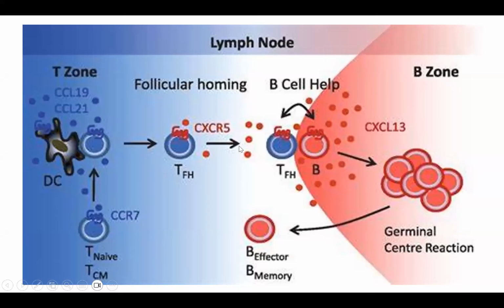And then it's saying, oh, I am sensing something, I need to tell the B cells to get ready to create antibodies. But in AIDS-like syndrome, if you can inhibit the CCR7 pathway or the CXCR5 pathway, then you're slowing down the production of the B effector cells and the B memory cells.